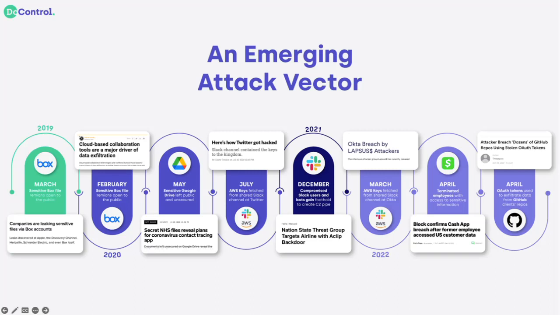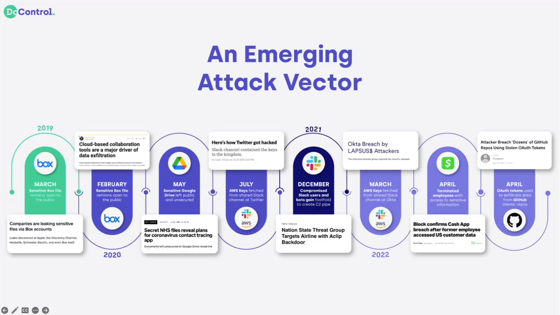Similarly with the recent Lapsus breach in Okta, same sort of idea where you have these privileged credentials that are exchanged over a collaboration or communication application, and those users did not go back and delete the file or revoke the access.